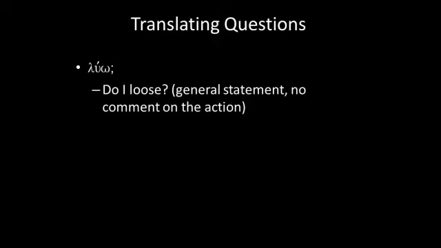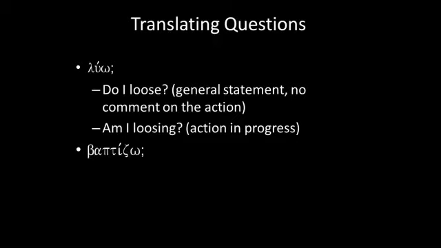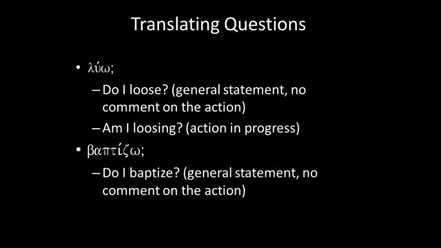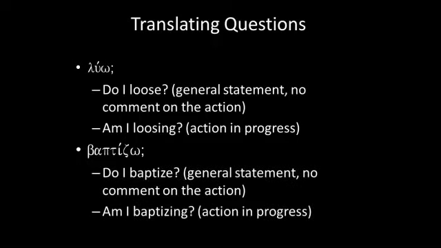You wouldn't simply say I loose. You would say do I loose? Or, action in progress, am I loosing? How about baptizo question mark? Do I baptize? Action in progress, am I baptizing? So that's how you'll handle questions.